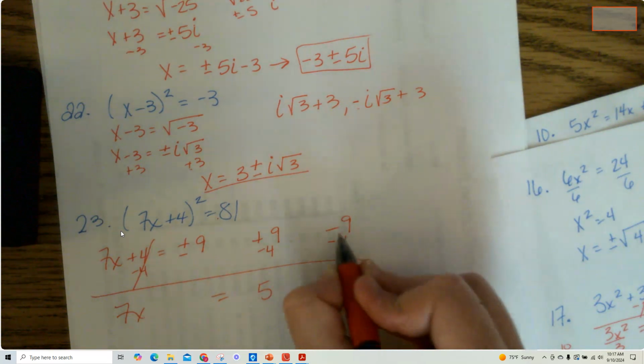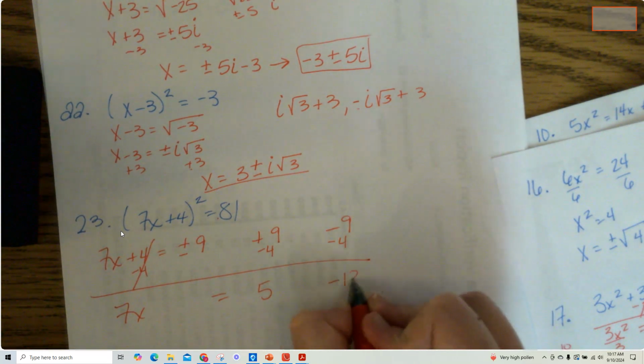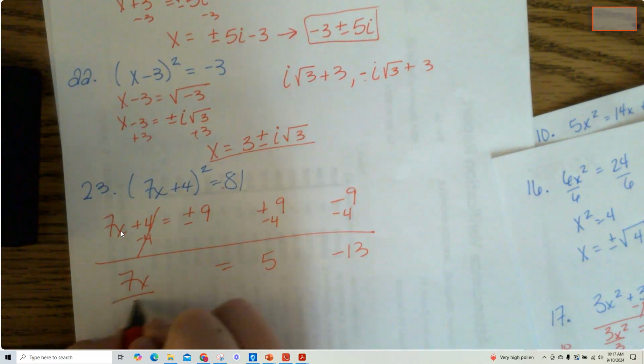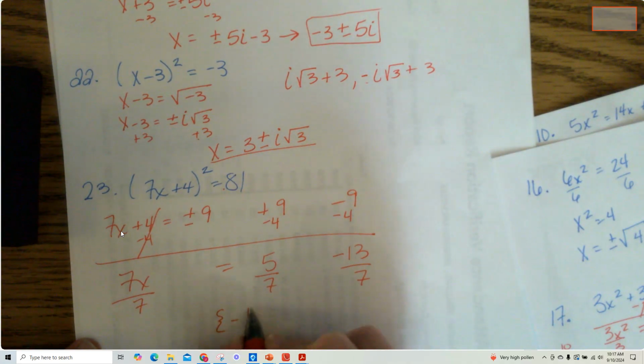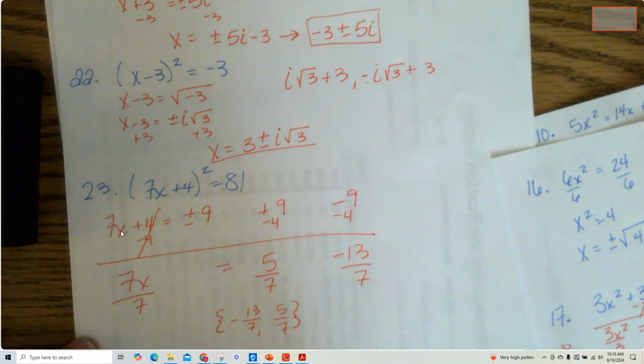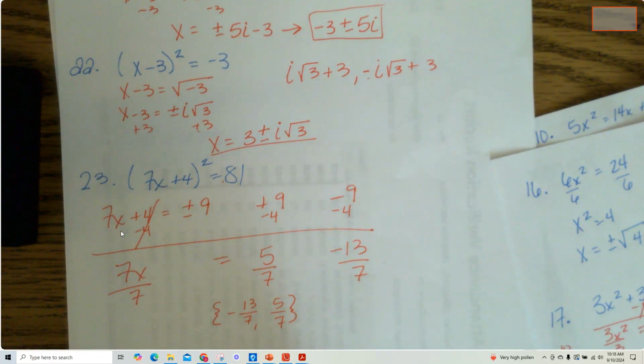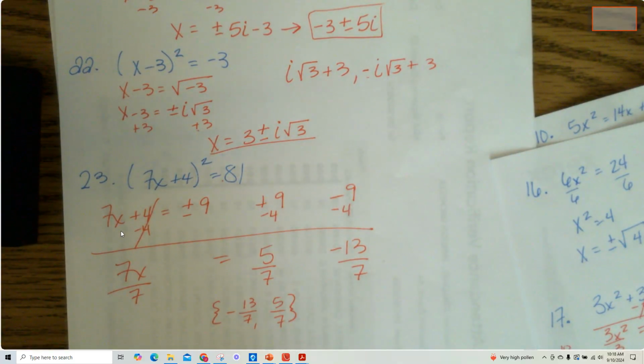Nine minus 4 is a 5, negative 9 minus 4 is a negative 13. And then divide by 7. So solution set, negative 13 over 7, comma, 5 over 7. So be careful again with that positive negative stuff, that you're watching those signs.